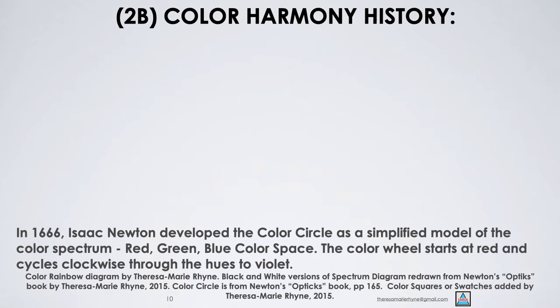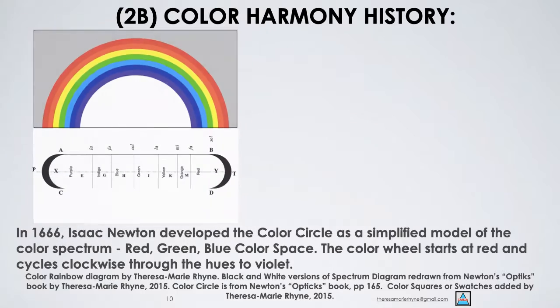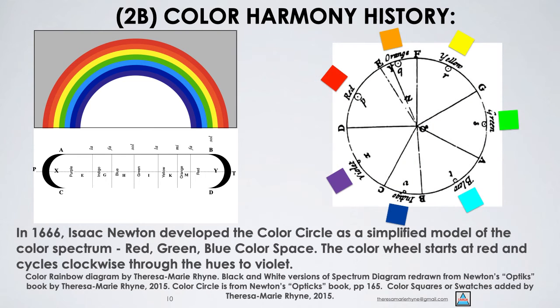We're going to look at a little color harmony history right now. I'm going to sneak it by you. It turns out that our friend Isaac Newton was the first person to come up with the idea of taking a color spectrum and forming a color circle as a simplified model. He thus created the color wheel for color harmony. And this is a picture of his first color wheel.